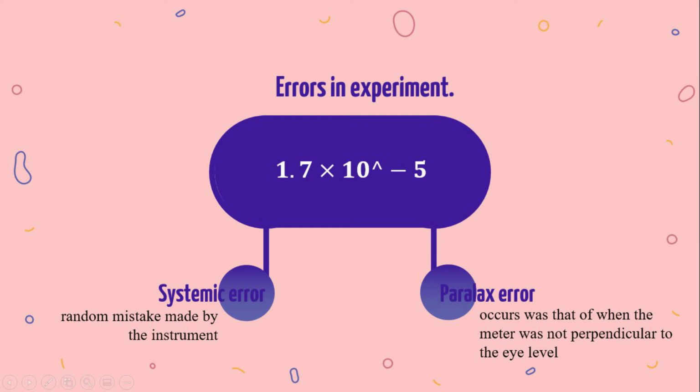Moreover, another error that occurred was when the meter was not perpendicular to eye level, thus causing a parallax error which disturbed the accuracy of the results. Overall, the experiment went well and it succeeded in its purpose, which was to see how changing the voltage affects the amount of current flowing in a series circuit while proving Ohm's law.